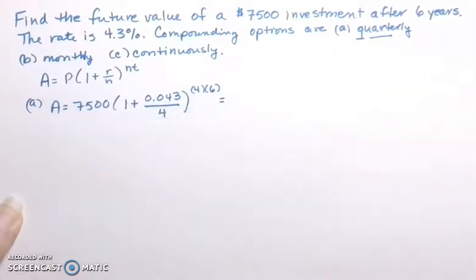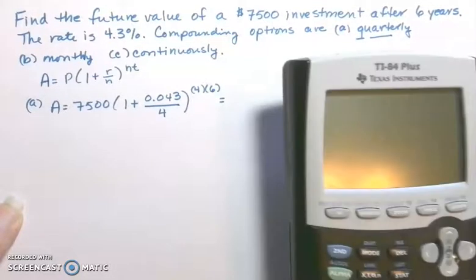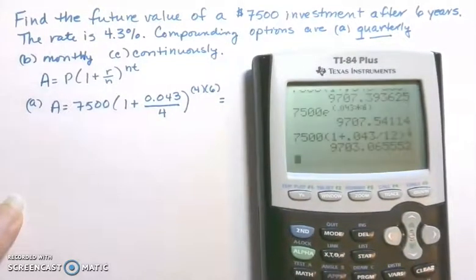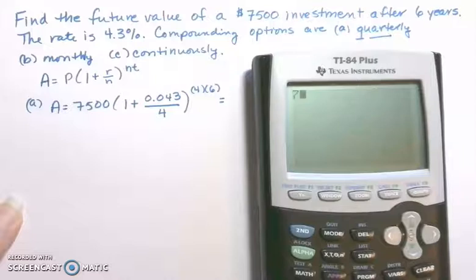I put that in my graphing calculator, just the way that it's written. I have 7,500, open parenthesis, 1 plus my rate, 0.043, divided by the number of times it's compounded, that's 4.